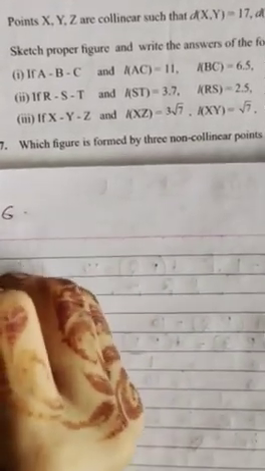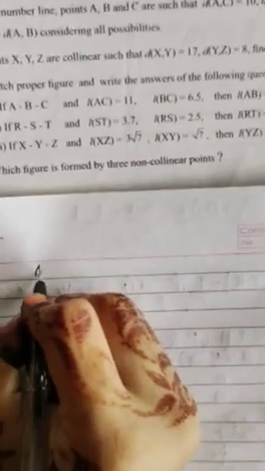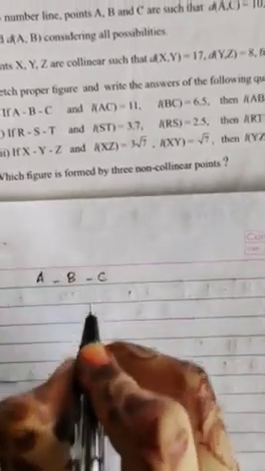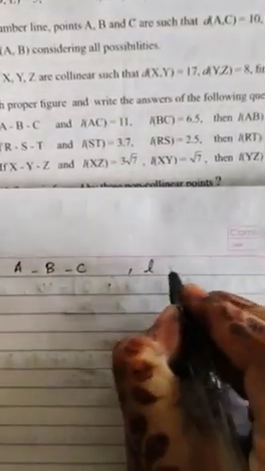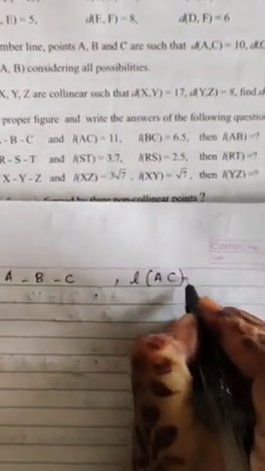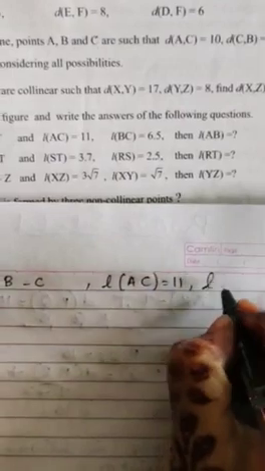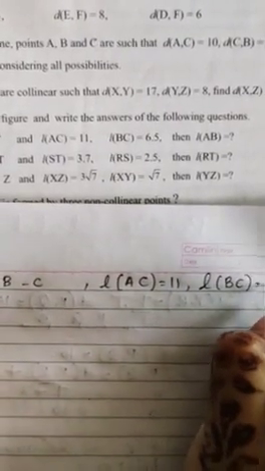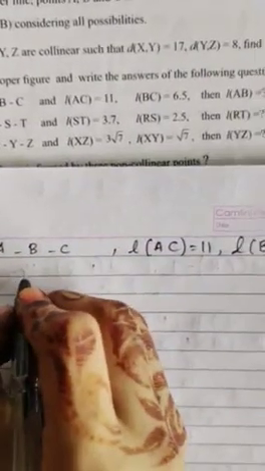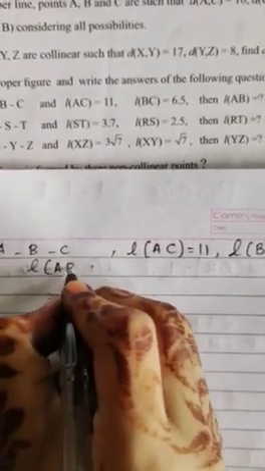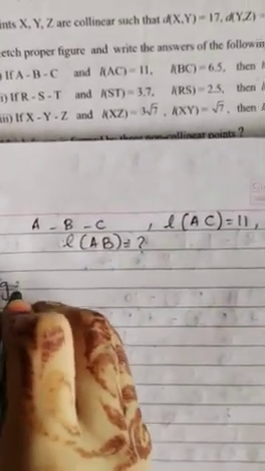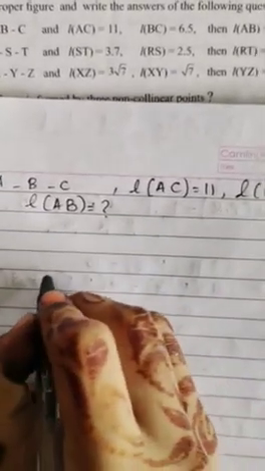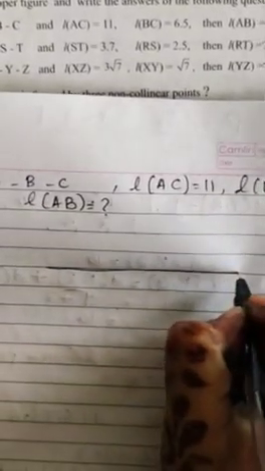Question number 6. If A, B, C, these are 3 points. Length AC is equal to 11. Length BC is equal to 6.5. Length AB we have to find. Okay. So first we have to draw the figure by using pencil and ruler.